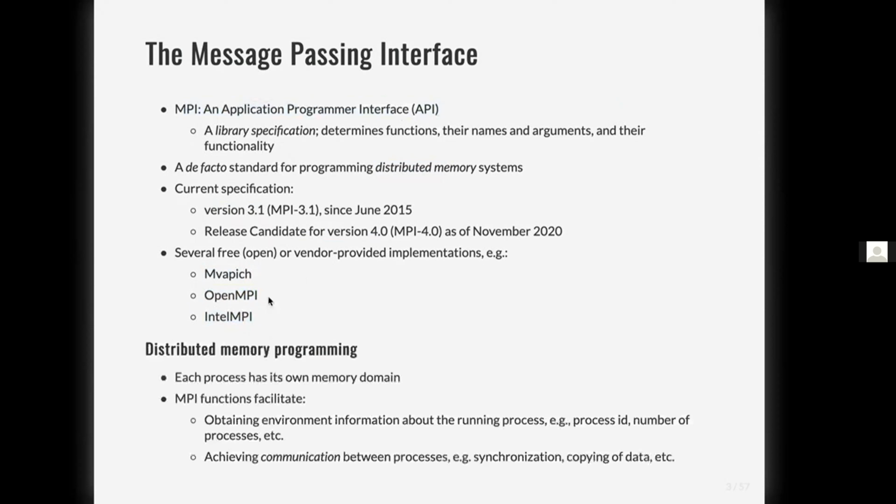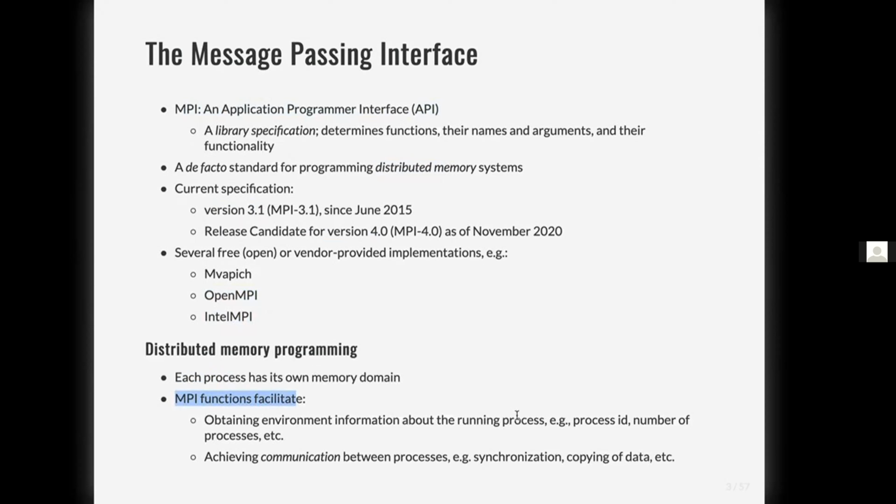So, distributed memory programming, as opposed to shared memory, which I assume you already did in the first iteration of this training program. In distributed memory programming, each process has its own memory domain. What MPI facilitates is obtaining, first of all, environment information about the running process.